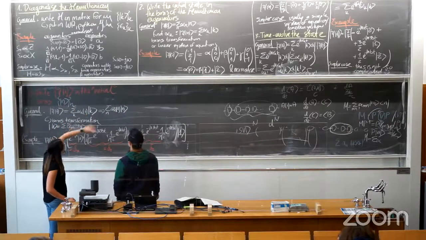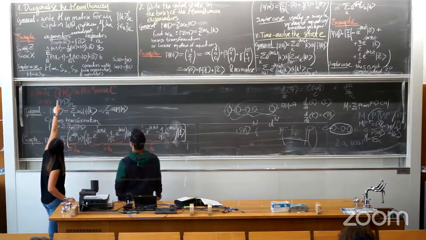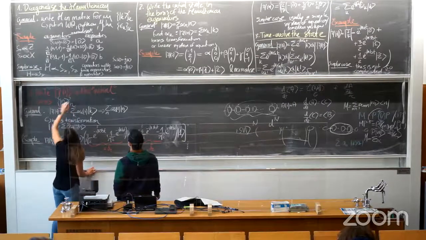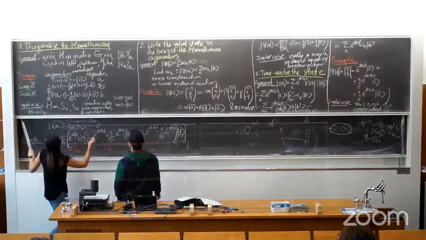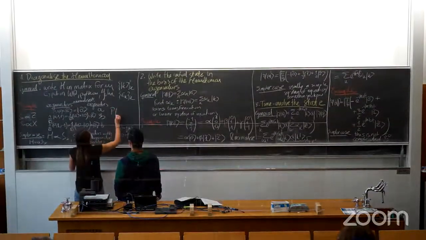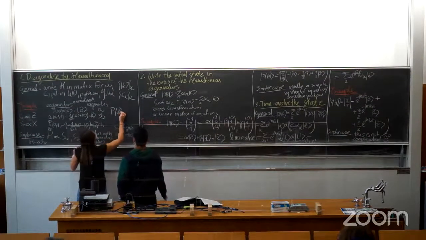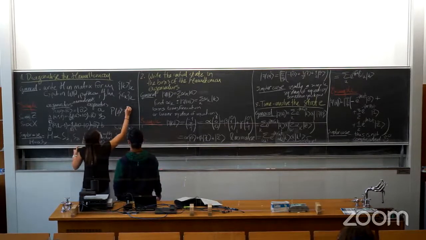And how are these 0 tilde obtained? It's applying P to 1, which equals 1 tilde.